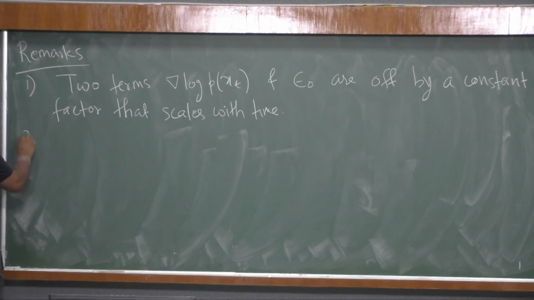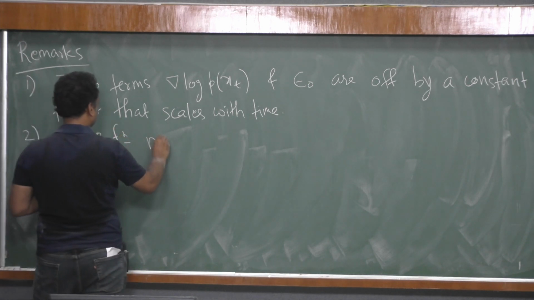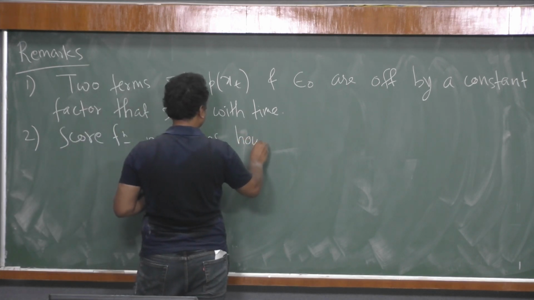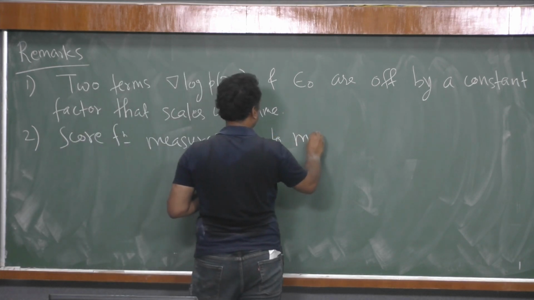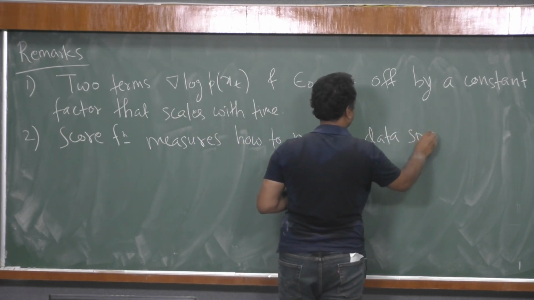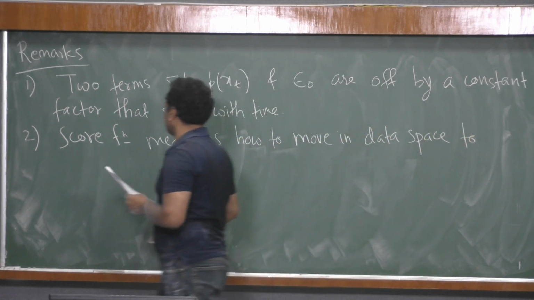The score function measures how to move in data space to maximize the log probability.